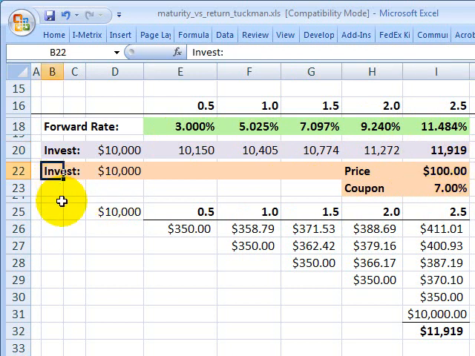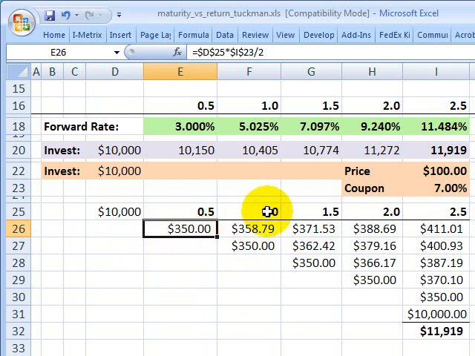Now compare to the investor in orange, who is the long-term investor. This investor takes $10,000 and purchases a single bond here with a price of $100 and paying a coupon of 7%. And that bond is going to have a maturity of 2.5 years. And so that's why there's no interim numbers here. Instead, this investor has $10,000. They're going to receive a coupon at 6 months here of $350. That is the semi-annual coupon, which is half of 7% or 3.5% of the $10,000.